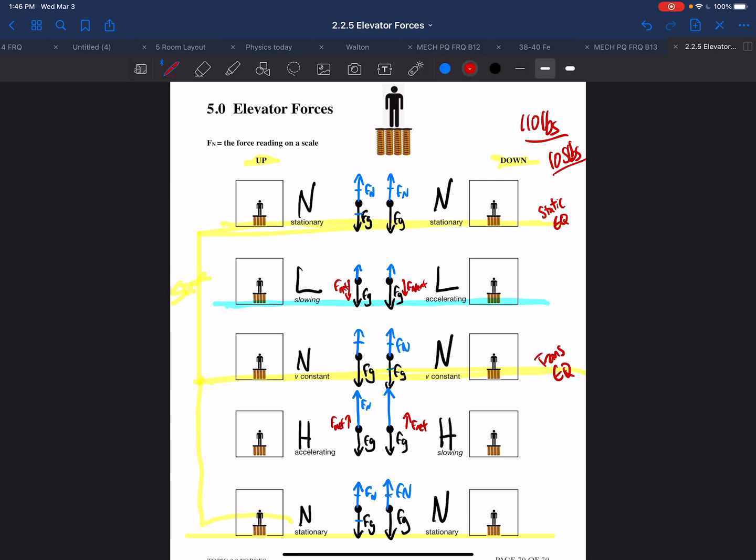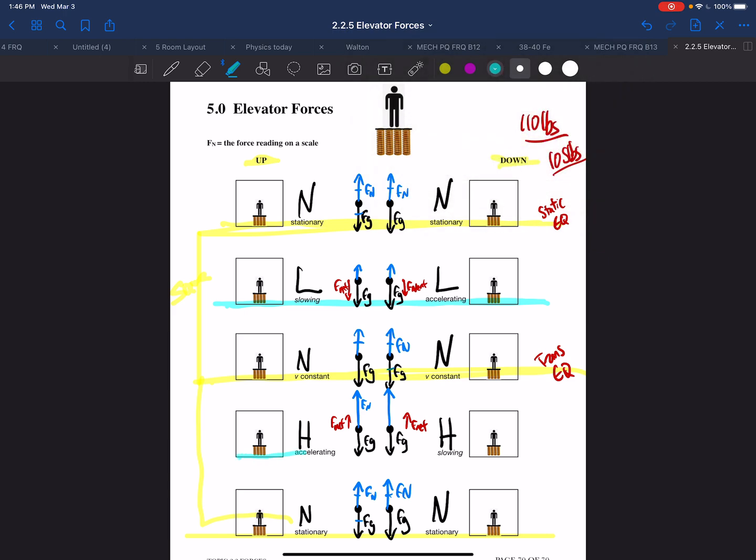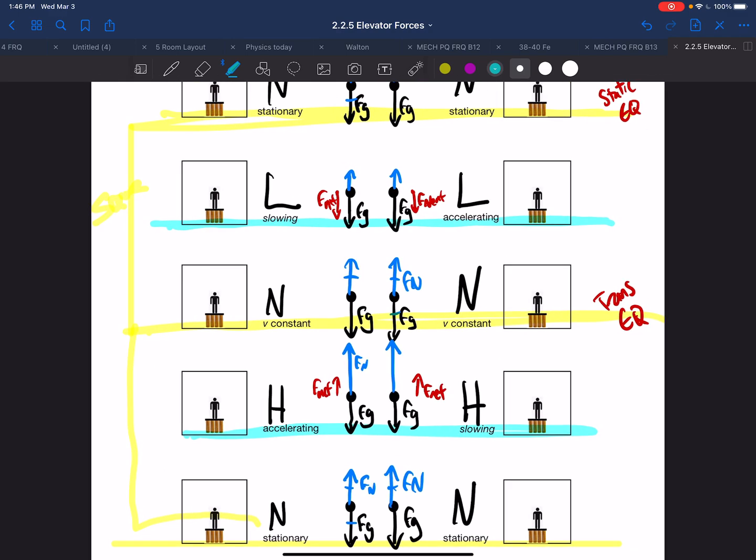And so it'll come as no surprise then, although it's very non-intuitive, that if we are accelerating on the way up, it will read heavy, but it will also read heavy when we're slowing down on the way down. So, again, if you were asleep and you knew your weight were 110 pounds, and you woke up in the elevator and you stood on the scale and the scale read 120 pounds, you could not distinguish between accelerating on the way up and slowing down on the way down.